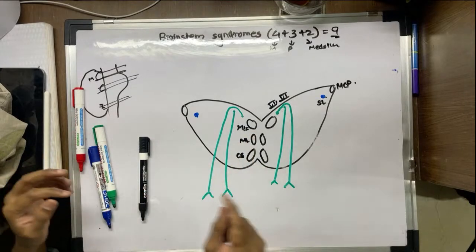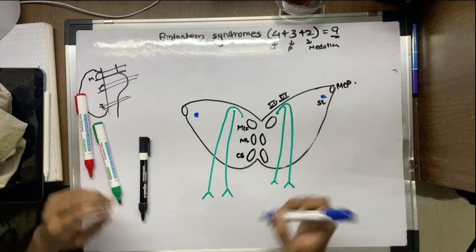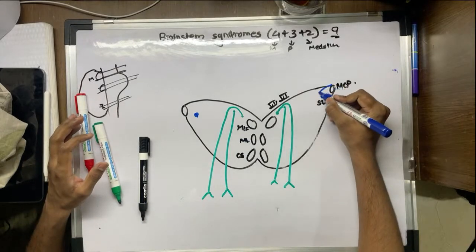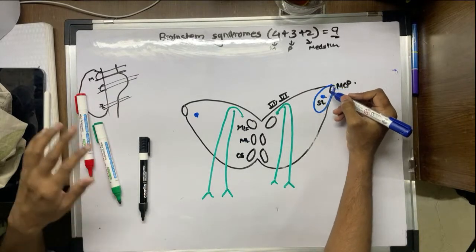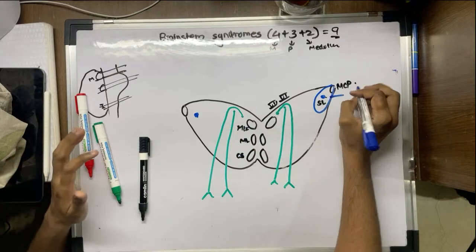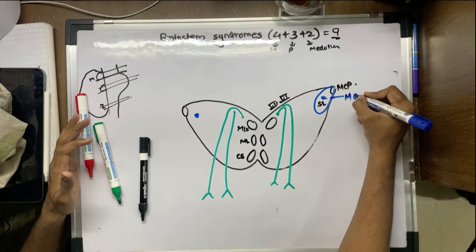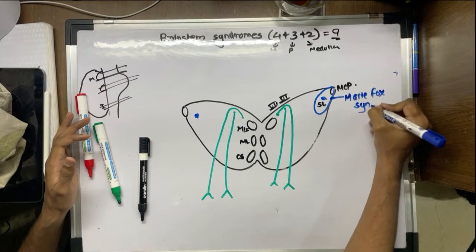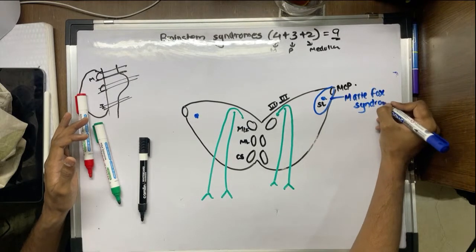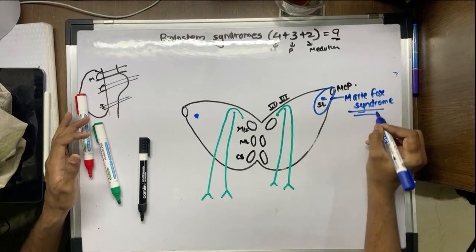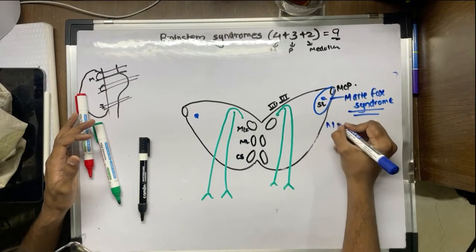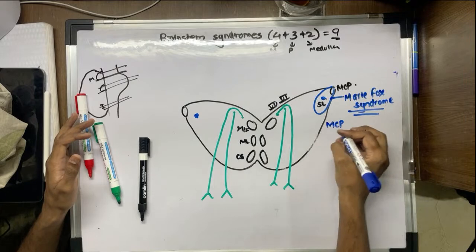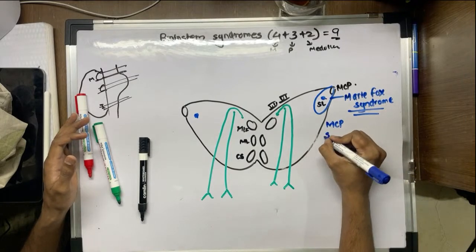So let's start with the syndromes. We said there are 3 syndromes in this. The first one is really simple. You just involve this part. Always involve the lateral 2 structures first and call it a syndrome. This is called Marie-Foix syndrome. It involves 2 structures: the MCP, the middle cerebellar peduncle, and the spinal lemniscus.